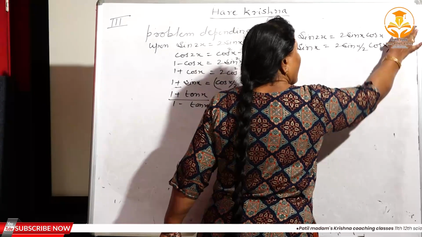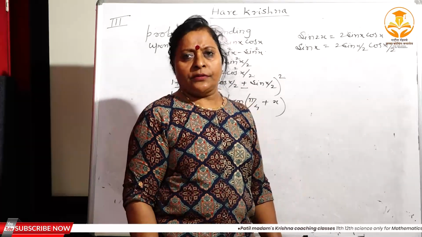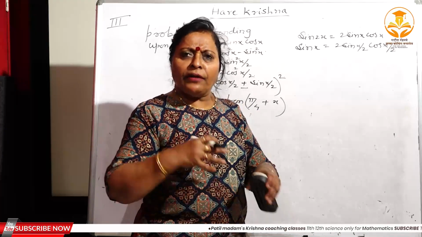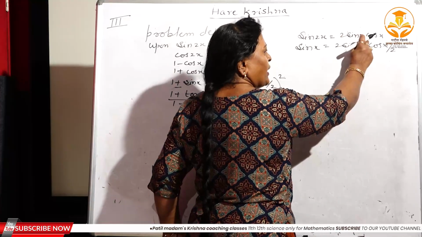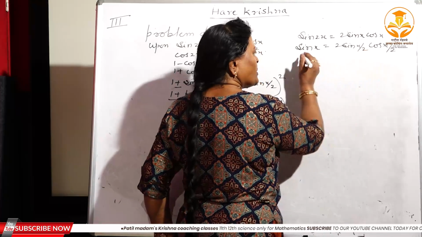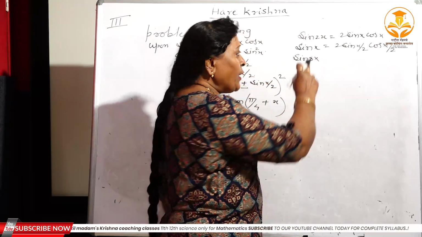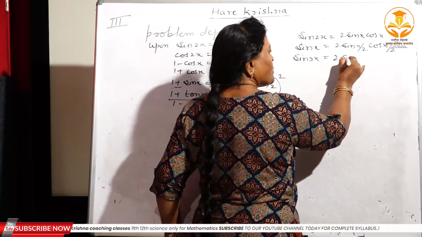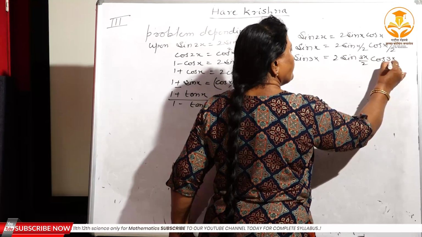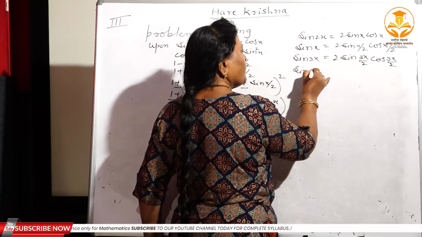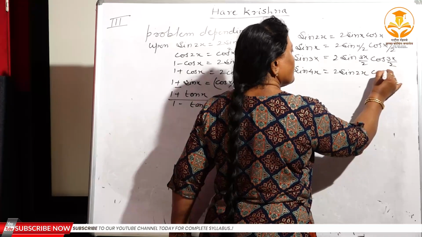And here your book or anywhere they have given the name that is half angle formulas. But you can bifurcate n times also. You can bifurcate this formula. This is sin 2x, 2 sin x cos x. Sin x, 2 sin x by 2 cos x by 2. If you write sin 3x, the triple angle formula that is different. But according to this you can bifurcate, that is 2 sin 3x by 2 cos 3x by 2. Suppose sin 4x, you can write as 2 sin 2x cos 2x. Right?